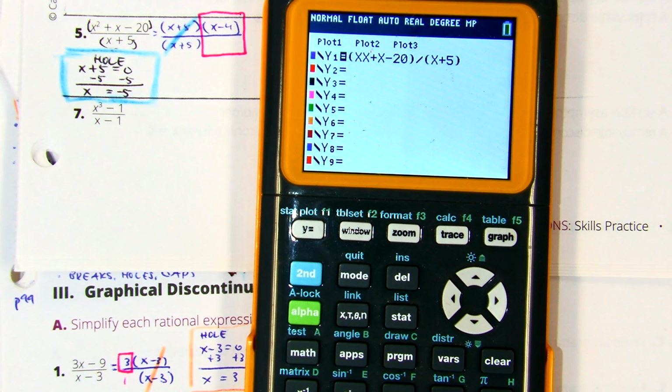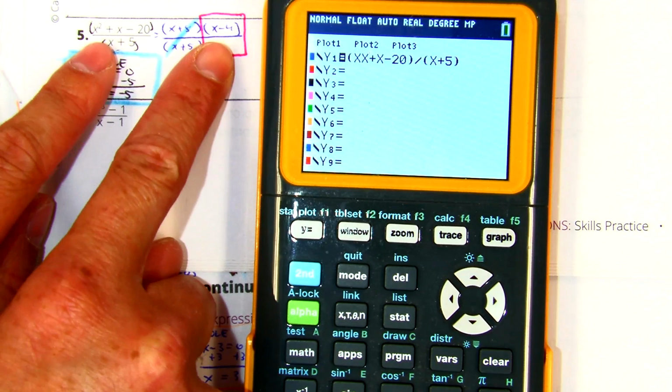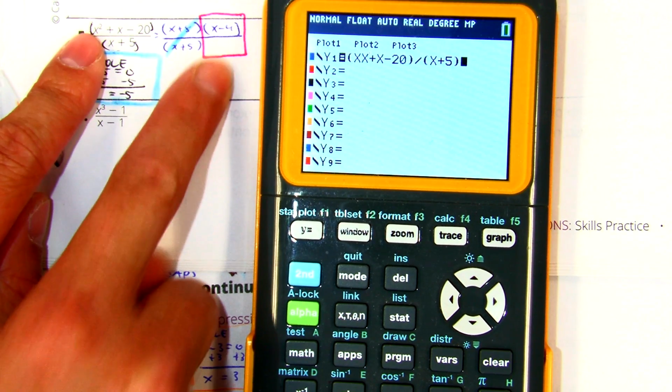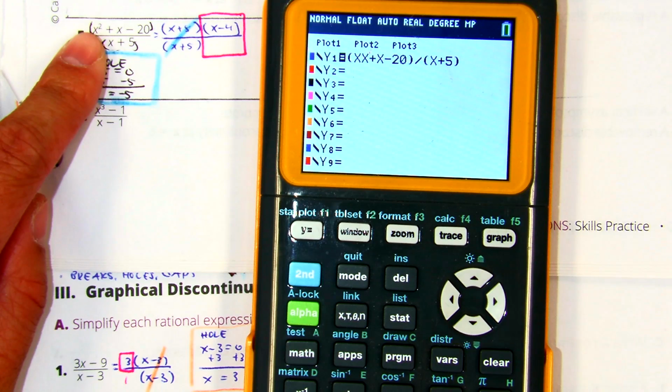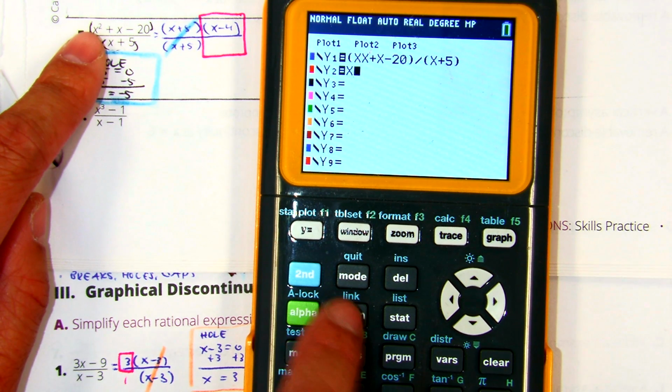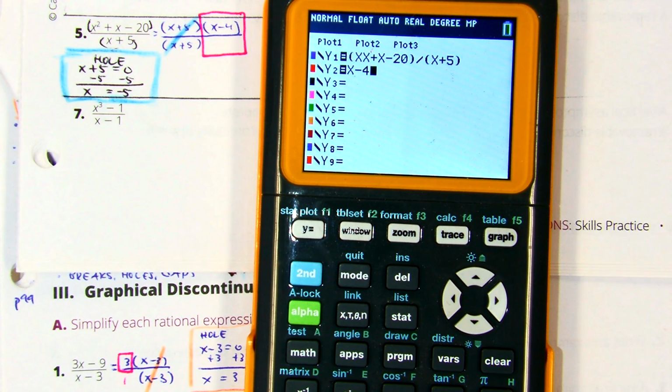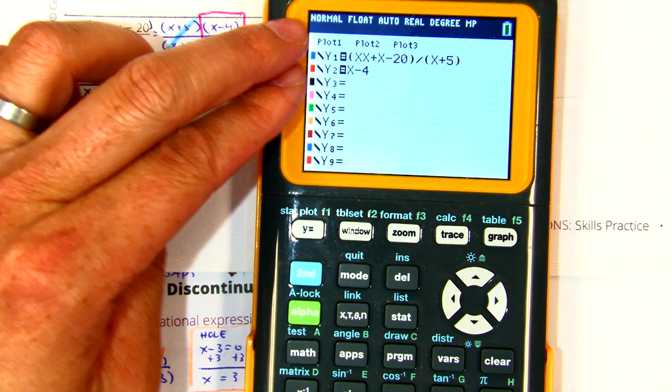And I'm actually going to graph both of these, the original and the pink. Class, do you think they'll be the same or the different? Someone says same. Let's type it in. I'll just type in x minus 4. So if you're using Desmos, you should actually have that in 2 different functions.